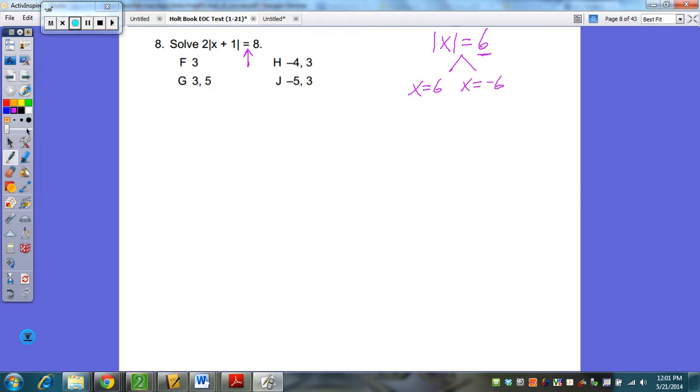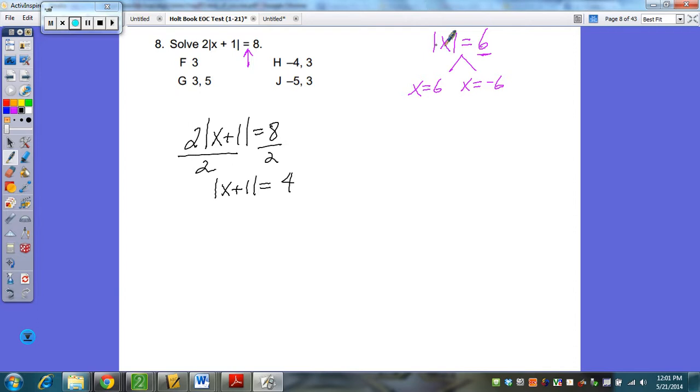So what we have to do is solve for the absolute value. So we have 2 times the absolute value of x plus 1 equals 8. I'm going to divide both sides by 2 so I can solve for the absolute value. And I have the absolute value of x plus 1 equals 4.